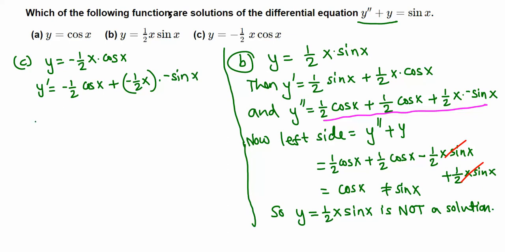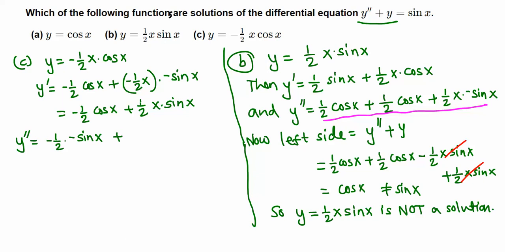Before I find the second derivative, I want to simplify. So this is negative 1/2 cosine x, negative times negative positive 1/2 x sine x. That's y prime. Let's find the second derivative. There are two terms. This is constant, so negative 1/2 there, times derivative of cosine is negative sine, plus here a product of two functions. 1/2 is a constant.